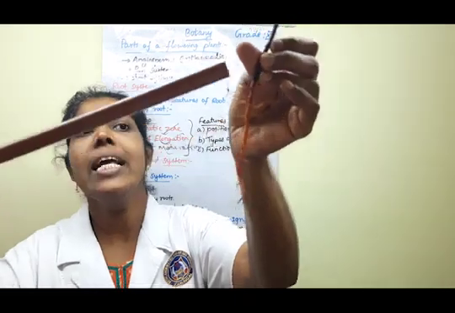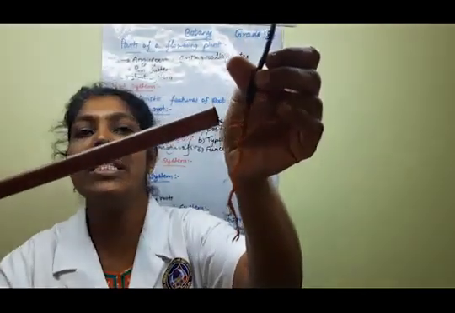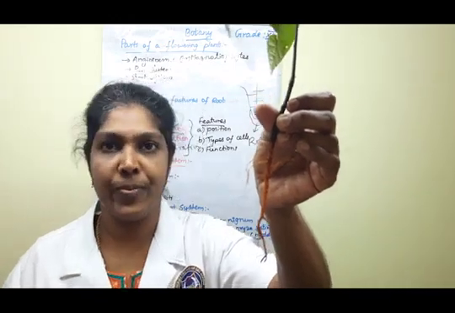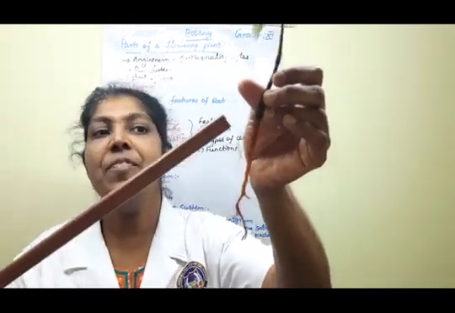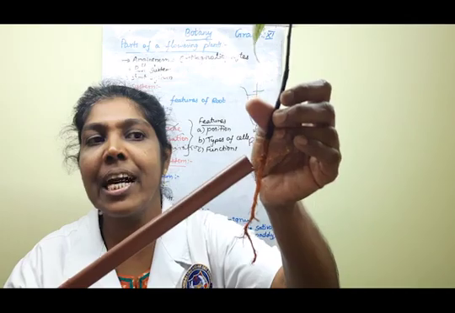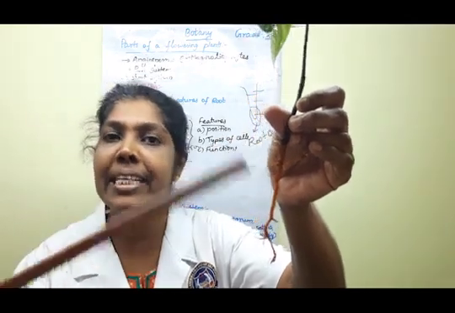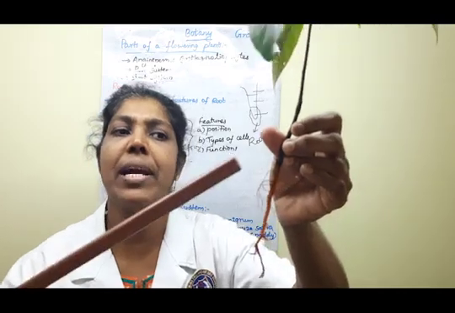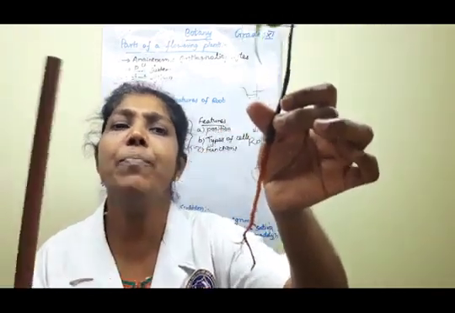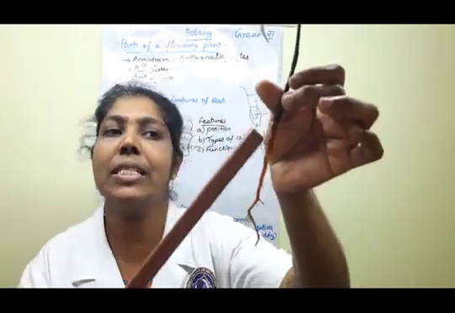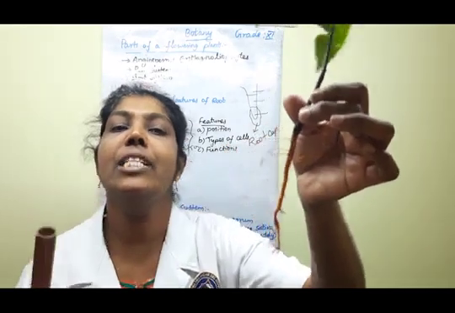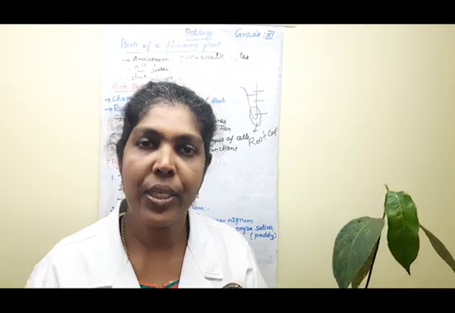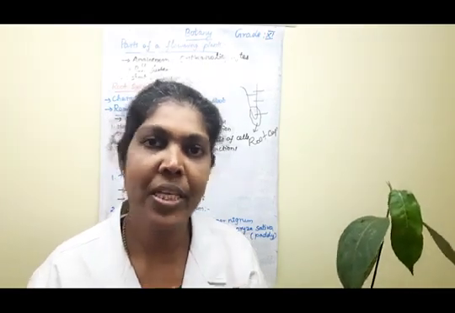These lateral branches are known as secondary roots. Clear, children? Then from these lateral branches, again roots arise, which are known as tertiary roots. Finally, the very minute structures on these roots are known as root hairs.